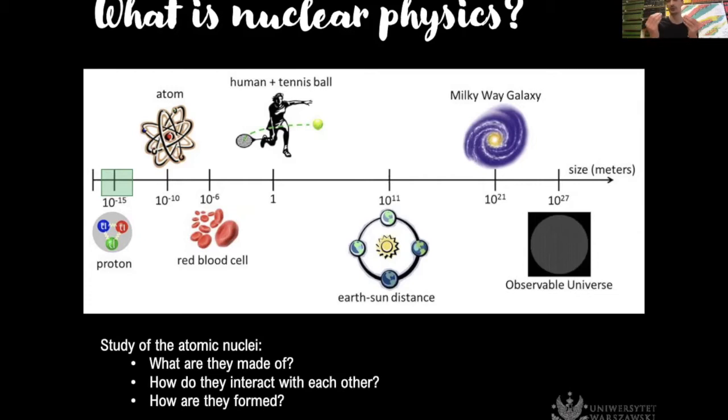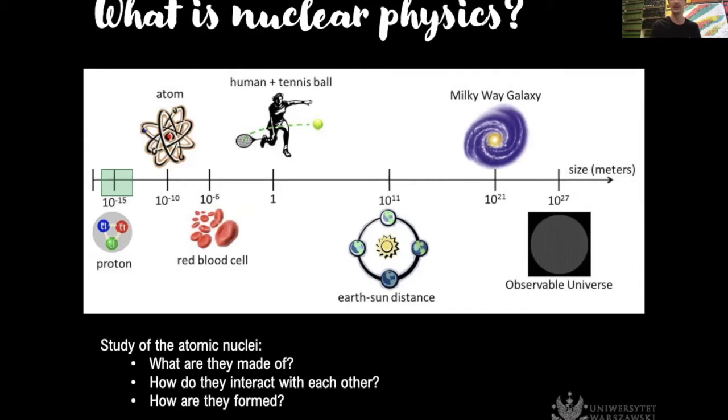If you do a collision between two nuclei, what are the results that you will get? And finally, how they are formed, whether in the universe or during interaction between nuclei. What is the shape of the nuclei? Why do they follow certain particular behavior?